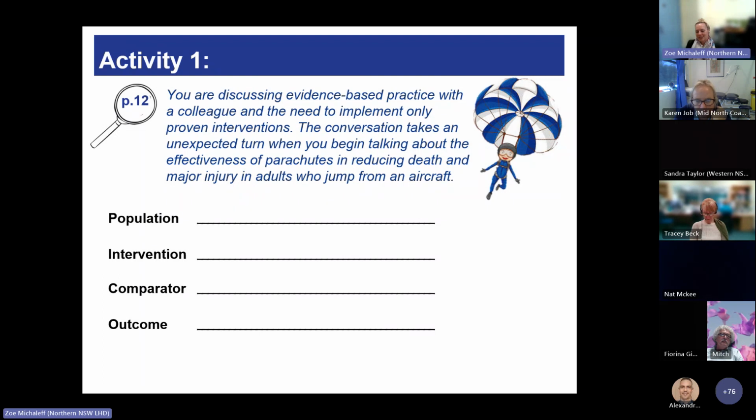Using this scenario, you've got this template on page 12 of your workbook: who's the population, what's the intervention, what's the comparator? You might need to be a bit inventive with the comparator. I'm happy for all out there suggestions. And what's the outcome of interest? I'll give you a minute or two to have a think about that.